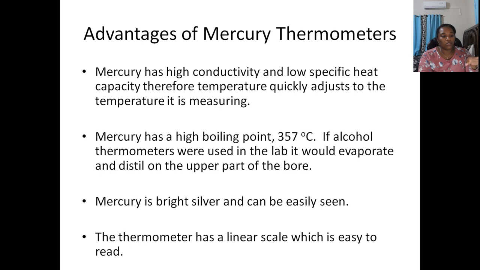That would be more for those really upscale laboratories, like university-wise, because the laboratories we have here in the Caribbean, for the most part, we don't go beyond, at least I don't think we go beyond 200 degrees Celsius.